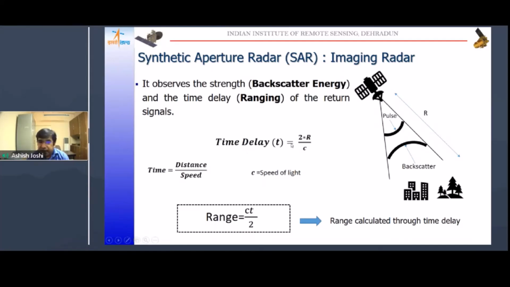So time delay is equal to 2R by c. We use the simple formula, time is equal to distance upon speed, and we know that electromagnetic radiation travels at the speed of light.